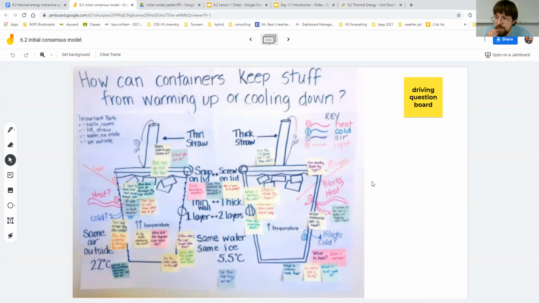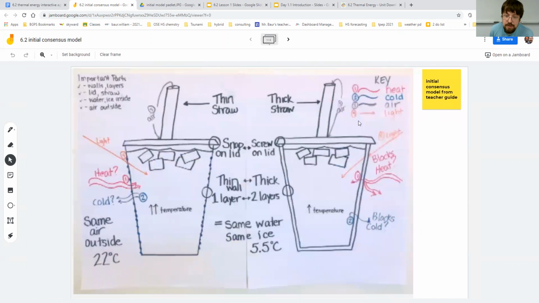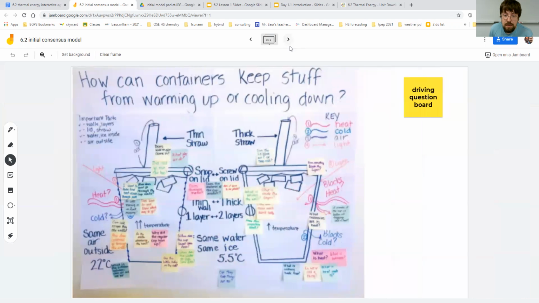Another strategy you can use is to use your initial consensus model as your driving question board. After you've asked students to play Pictionary with you and draw what their thinking is, they can go up one at a time and put their questions on the driving question board on little sticky notes.